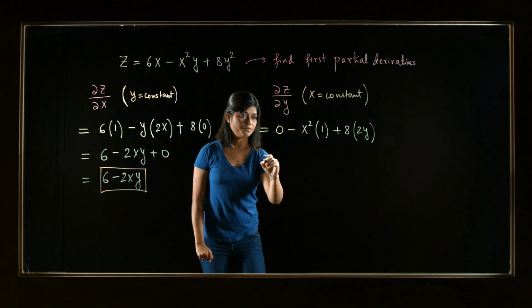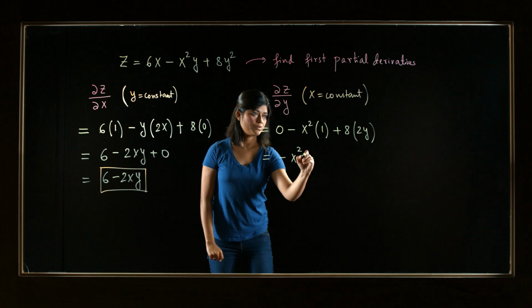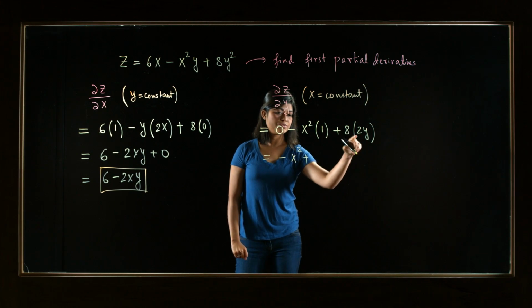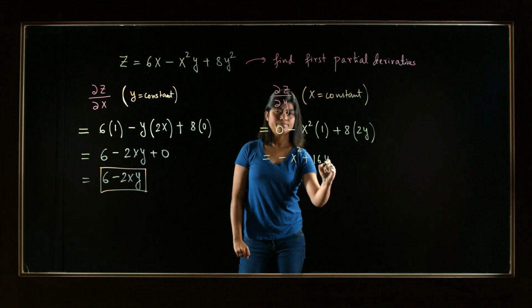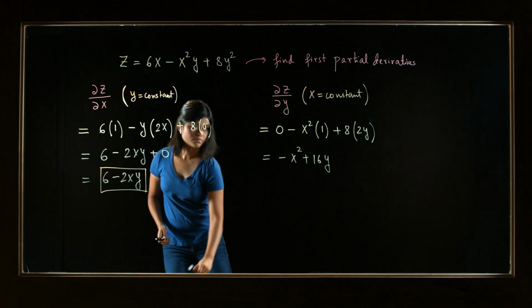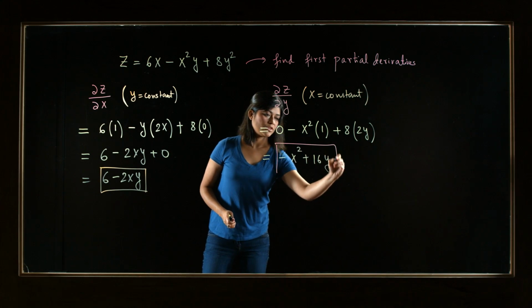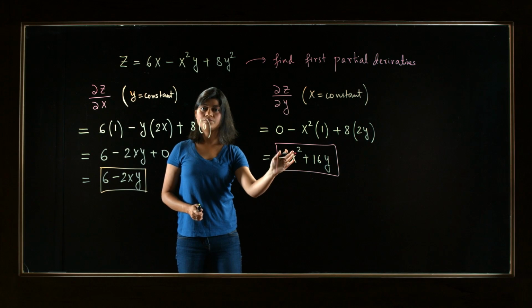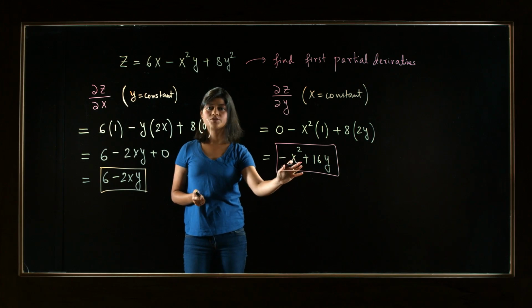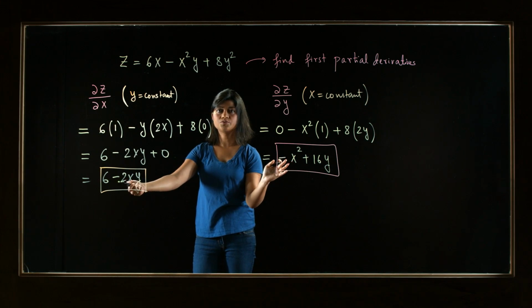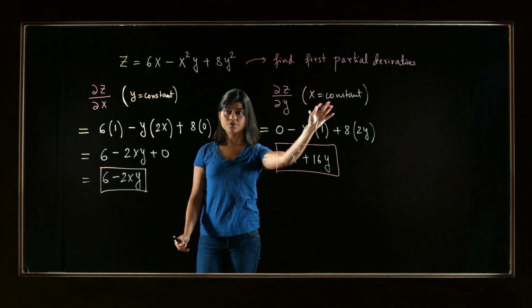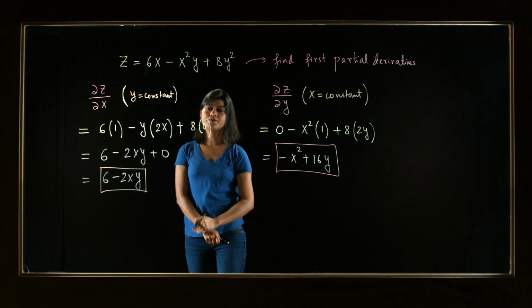And now just simplify. Negative x squared plus 8 times 2 is 16y. So this is the partial derivative of z with respect to y, and this one is with respect to x. So we have found the first partial derivatives of this function.